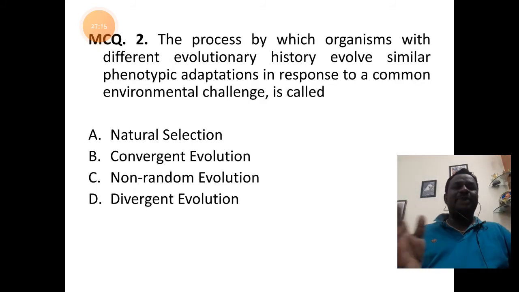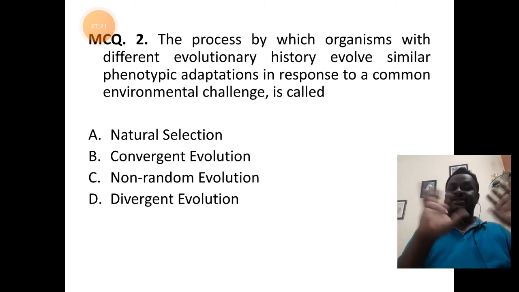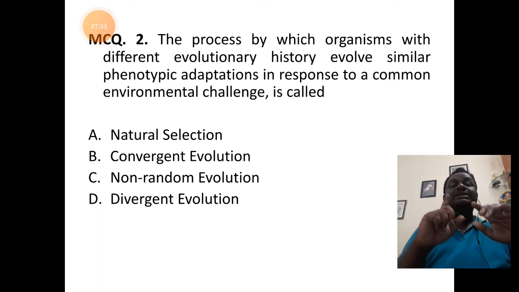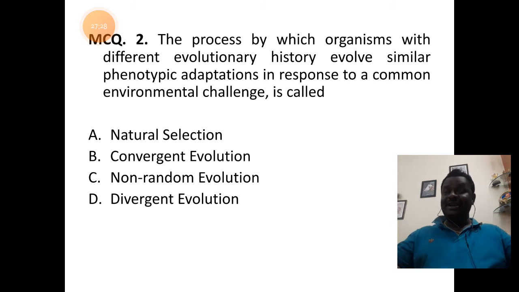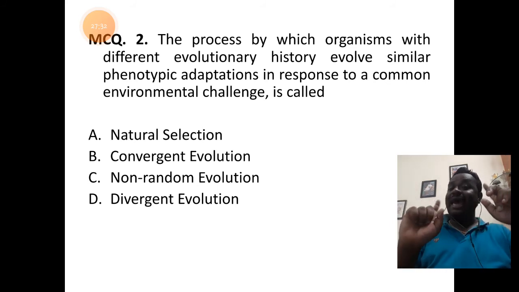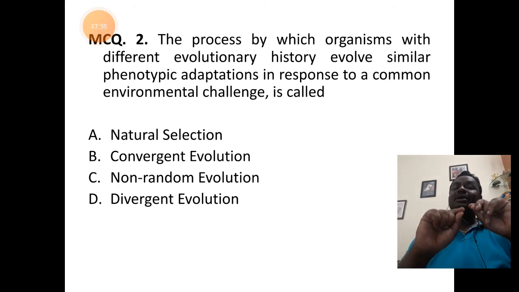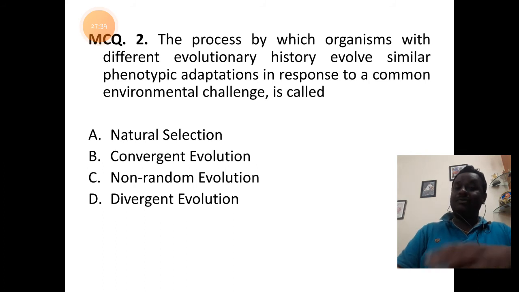Question 2. The process by which organisms with different evolutionary history evolve similar phenotypic adaptations. The organisms have different evolutionary histories, but they have evolved with similar phenotypic adaptations, like fish, then the mammal dolphin, then the reptile ichthyosaurus.